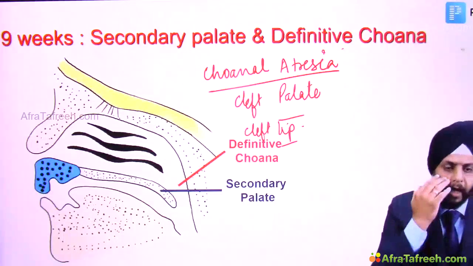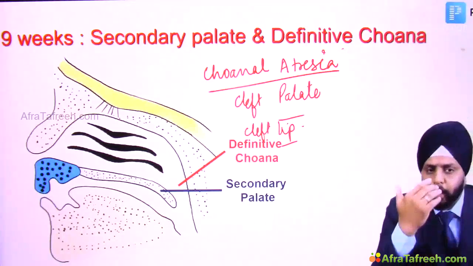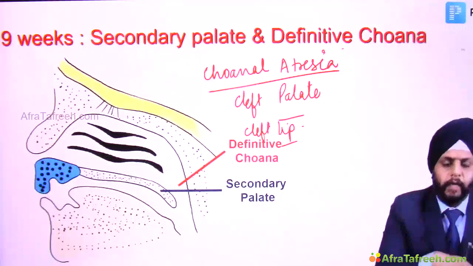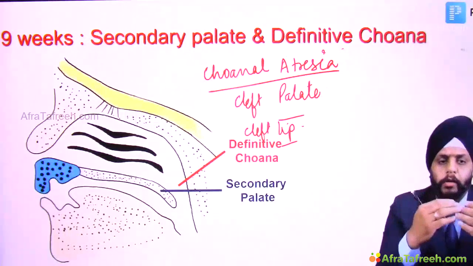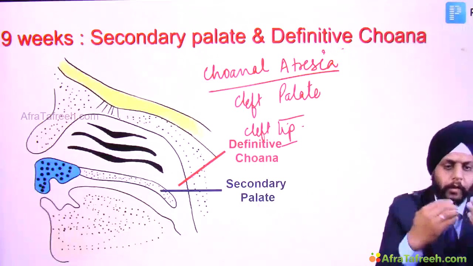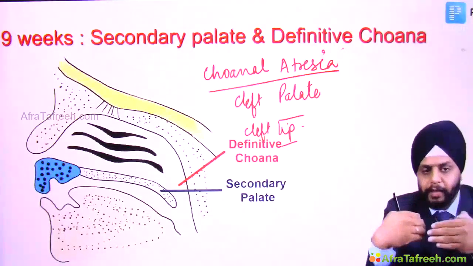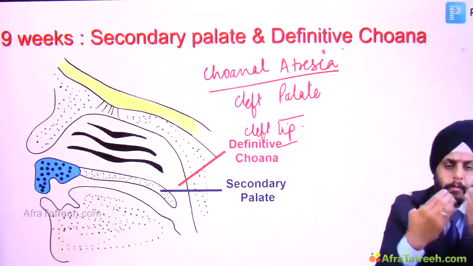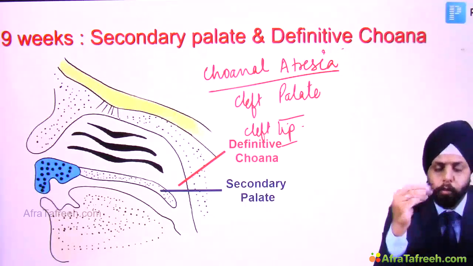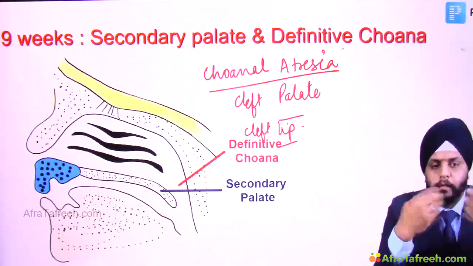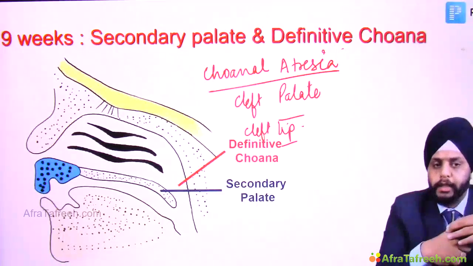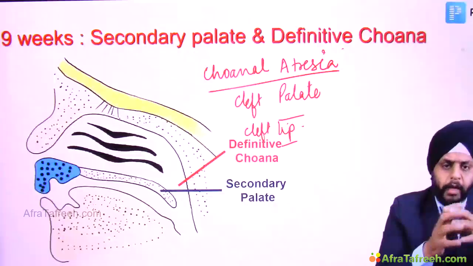Cleft lip can be on either side or it can be in the center. So as I have shown you, it can be because of non-fusion of intermaxillary process with the maxillary process, or because of non-fusion of the two medial nasal processes which form the intermaxillary process. Right? Okay.